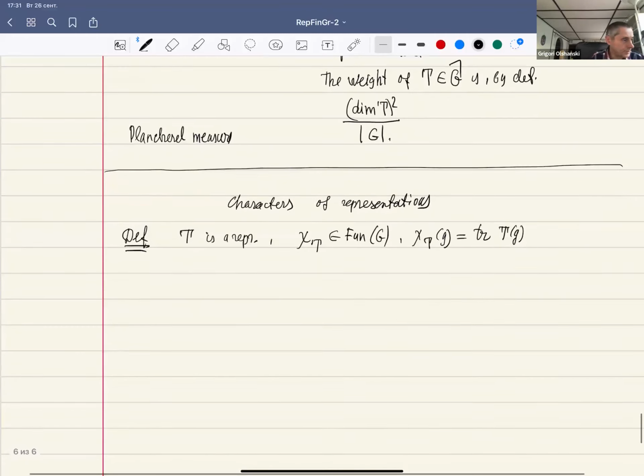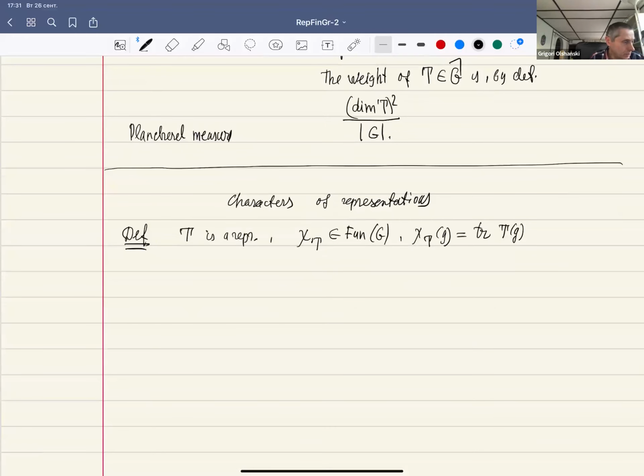Let me introduce some notation. Okay, so I would like to write as follows. These are, in Russian, called central functions. In English, class functions. So these are functions which are constant on conjugacy classes. Class functions form a subspace in the space of all functions.